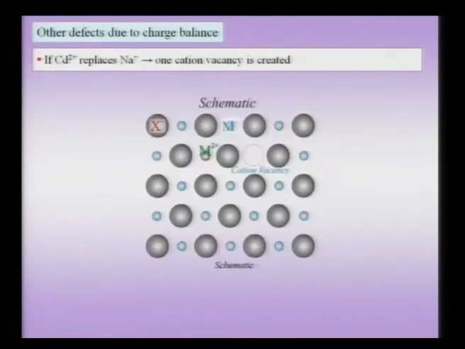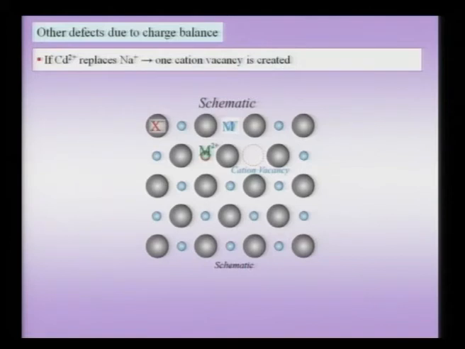There are other possible defects in ionic materials. The list is actually very long, but we will take up a few illustrative examples to understand some other defects in charged materials and in ionic materials, and especially the concept of charge balance in these materials. Now for instance, suppose I have a sodium chloride crystal, and instead of a positive monovalent ion, in one of those sublattices I have a divalent ion.